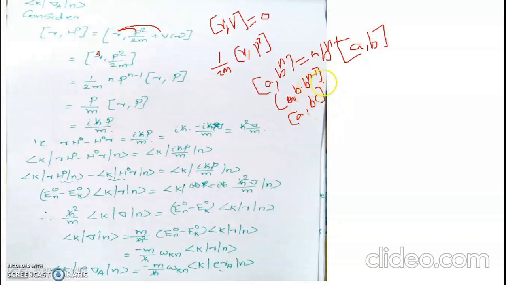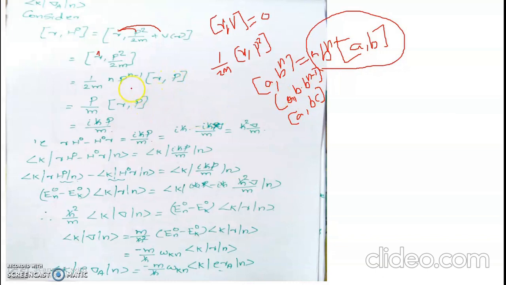Split this term until you get the commutator AB. Corresponding to this, you will get one commutator AB plus the commutator A, b raised to n minus 1. Go on decomposing this in this manner until you obtain the result n b raised to n minus 1 commutator AB.